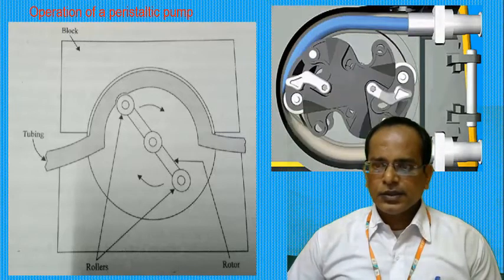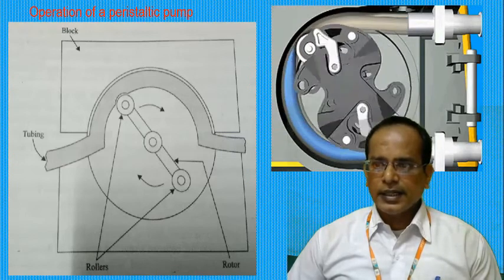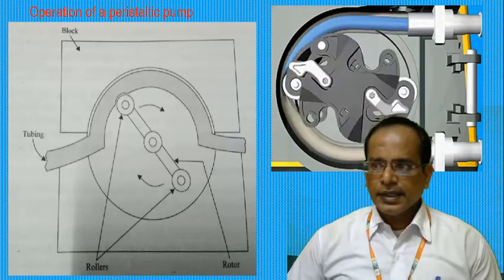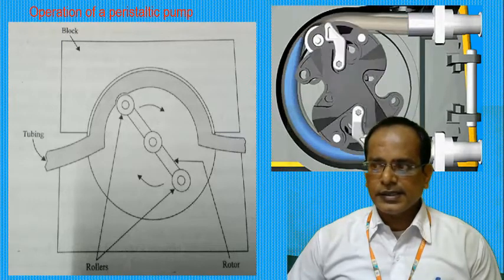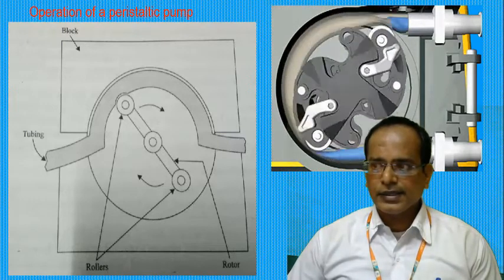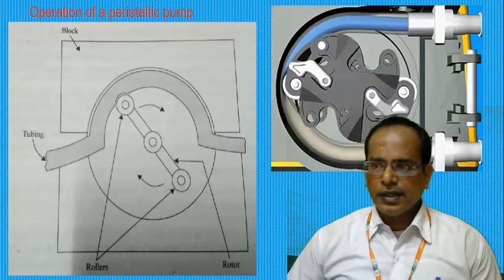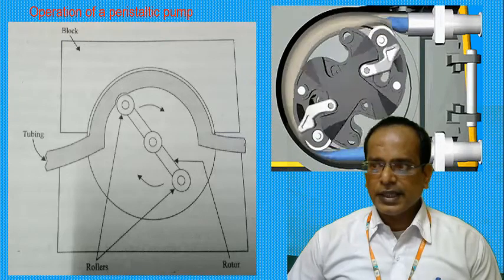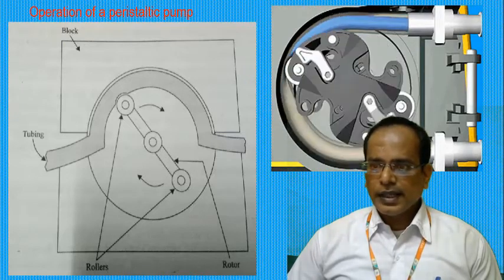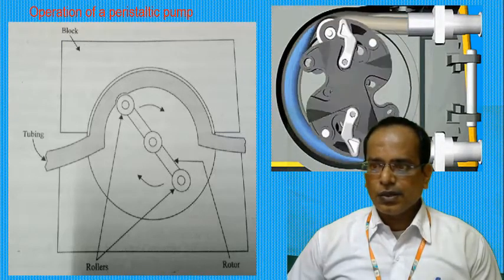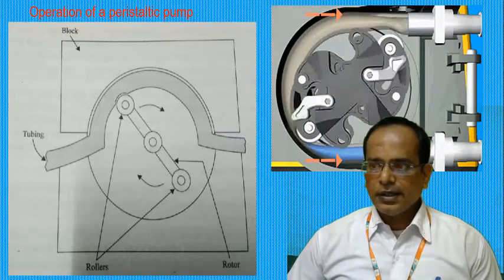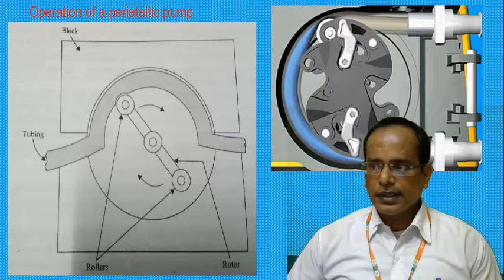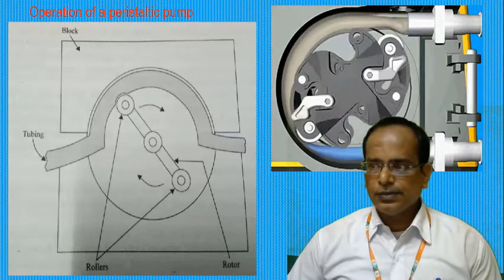This diagram shows the operation of the peristaltic pump. In this case, a fluid such as blood passes through plastic tubing, and nylon rollers on the ends of the rotor arms gently push the fluid towards the filter or towards the tube.